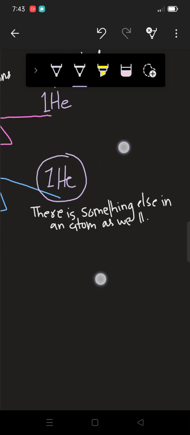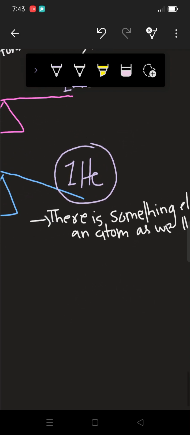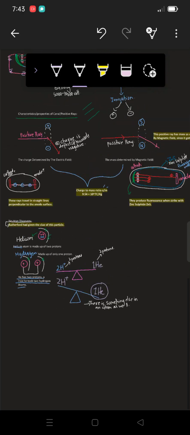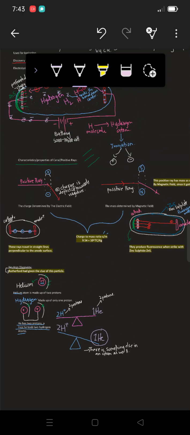No, he did not tell what was inside the atom. He did not know about neutrons, which are neutral. He just got a clue. He just pointed out that there is something else in an atom besides protons and electrons. Then the further study was done by James Chadwick, right?